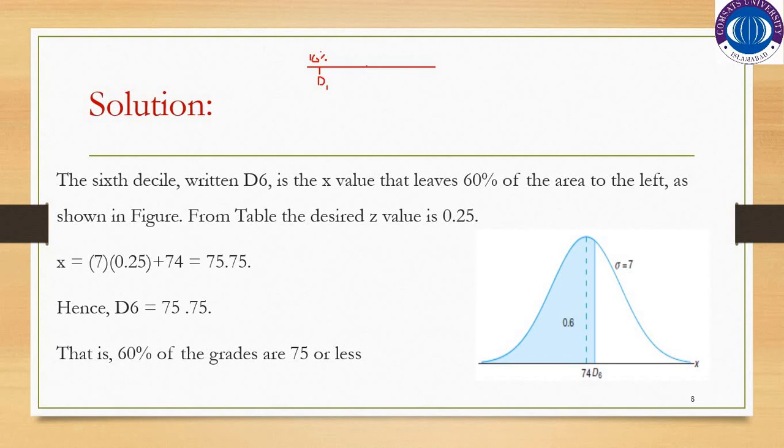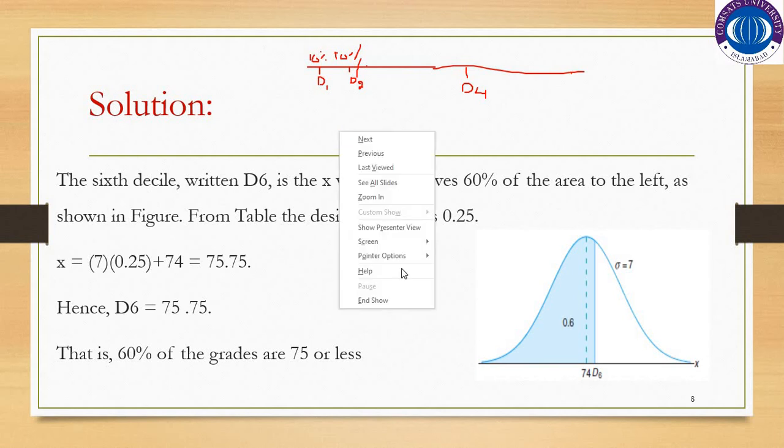D2 has 10% area between D1 and D2, and a total of 20% area below D2. D4 is a point which has 40% area below it, and D6 is the point below which is 60% of the area.